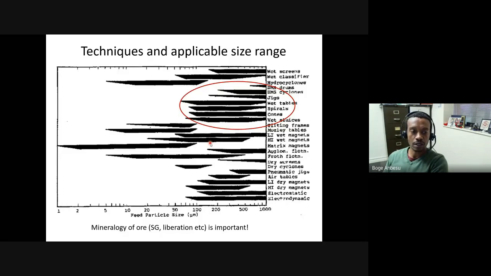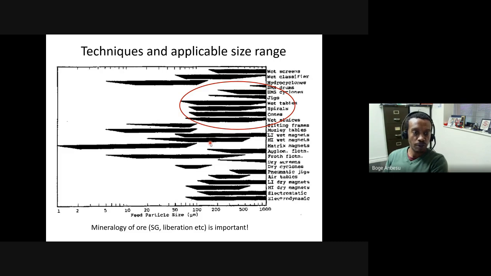So you can't just say, oh, because gravity separation works well at 300 micron, I'm going to use gravity separation for my processing. It doesn't work like that, because if at 300 micron no liberation was achieved, then there's no point for you to go there and try to process particles that are not liberated.